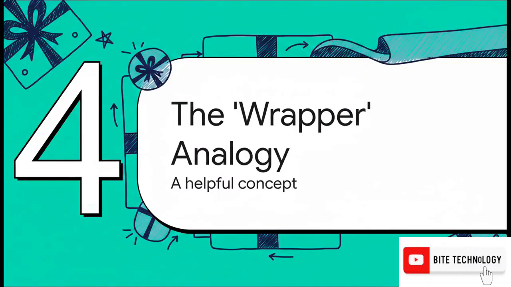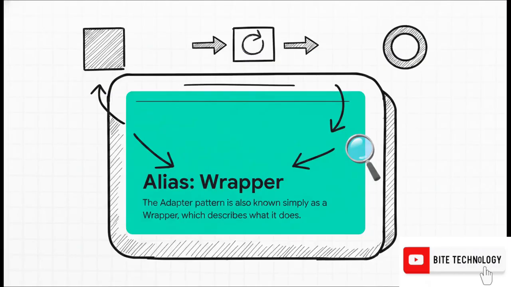Now, if the term adapter isn't quite clicking for you, there's another name for this pattern that I think makes everything fall into place. It's a name that perfectly describes what it's actually doing. It's also known as a wrapper, and honestly, that's a fantastic way to think about it. The pattern works by literally wrapping one of the objects inside a new object, the adapter itself, which then shows the outside world the interface it expects to see.